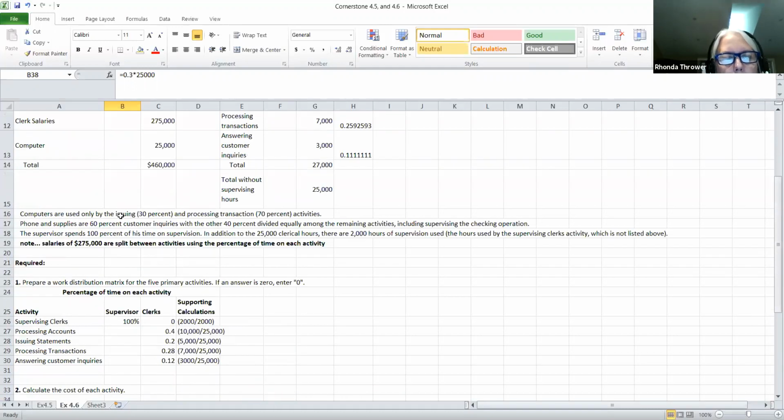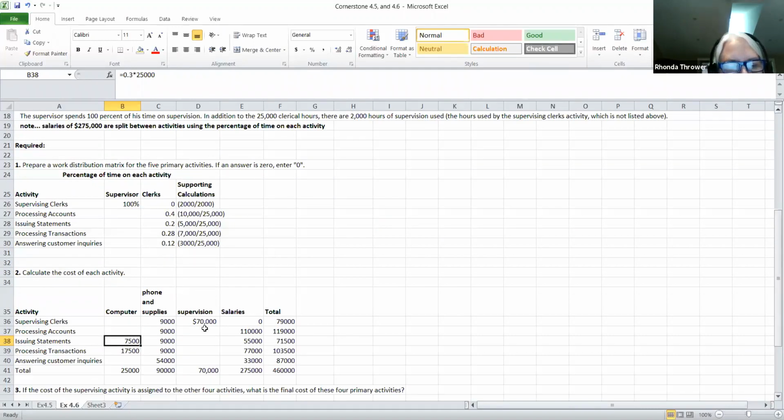They also told us that the remaining 70% of the activities were for processing transactions. So 70% of $25,000 is what I put down for processing transactions.